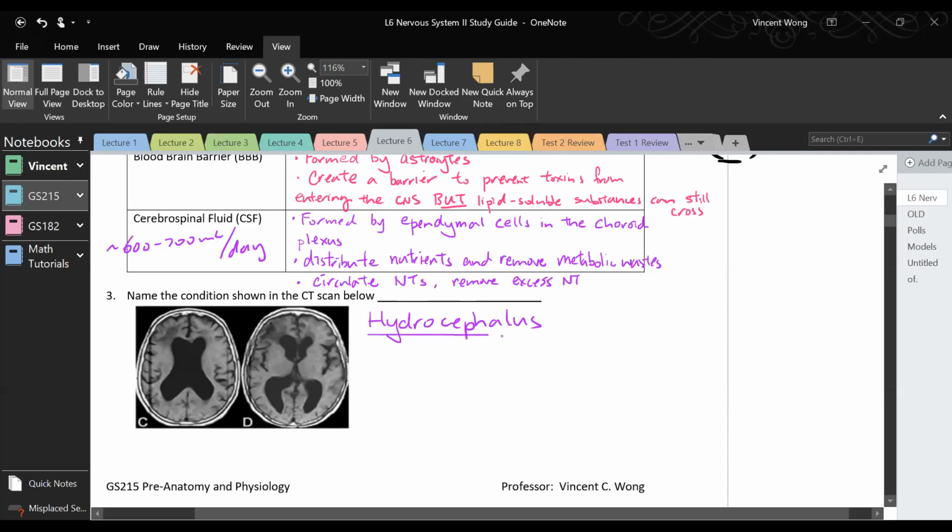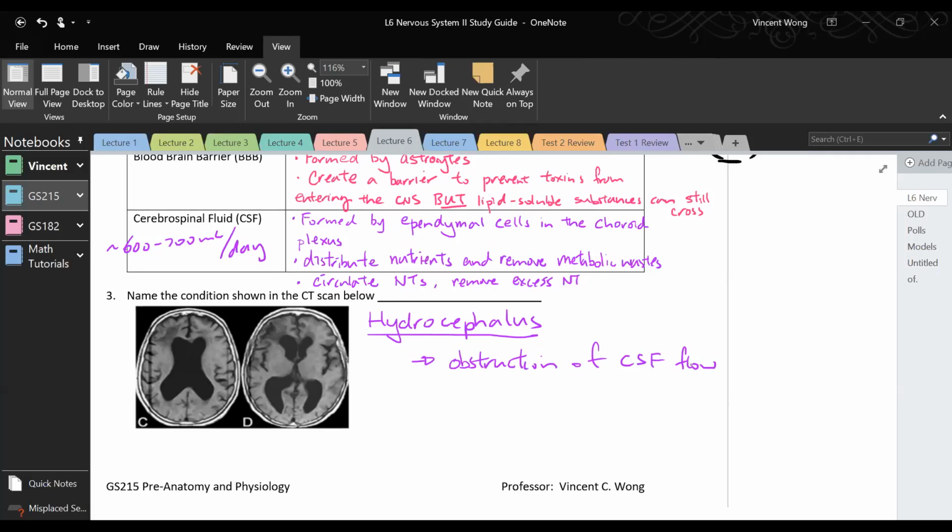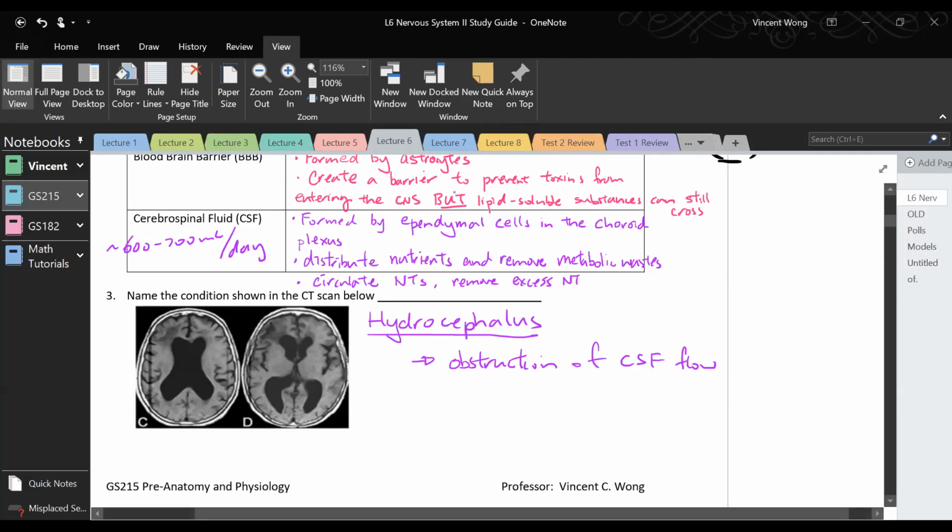In hydrocephalus, there is an obstruction of CSF flow. Somewhere along the way, it's blocked. Could be because of a tumor, or a hemorrhage or something. And that could result in the buildup of CSF in the brain, in the ventricles.